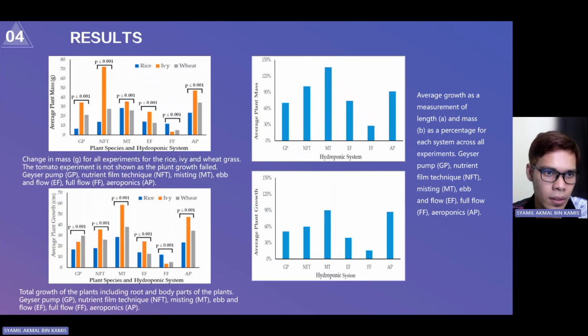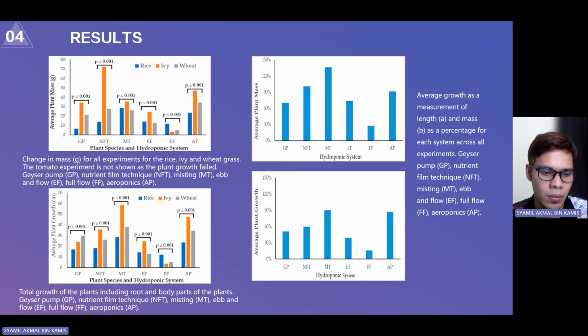This is the result: average plant mass. The first graph shows the change in mass in grams for all experiments for rice, ivy and wheatgrass. The tomato experiment is not shown as there is no plant growth value. The systems are the pump, natural film technique, misting, ebb and flow, full flow and aeroponic.